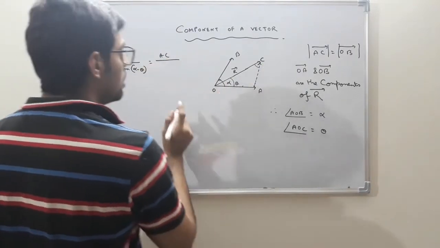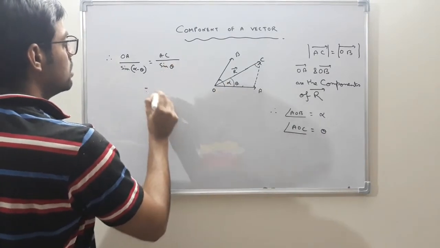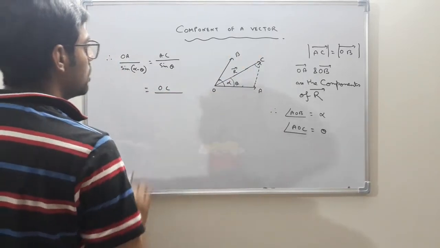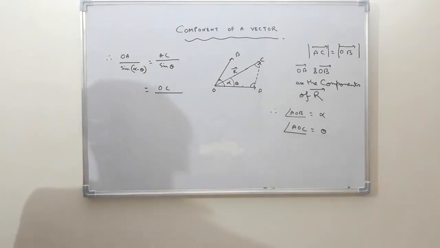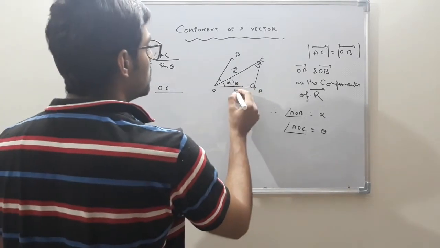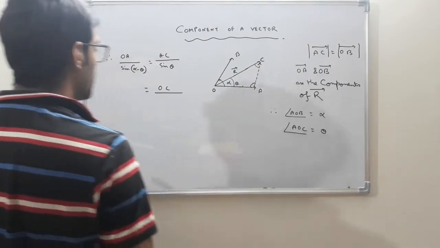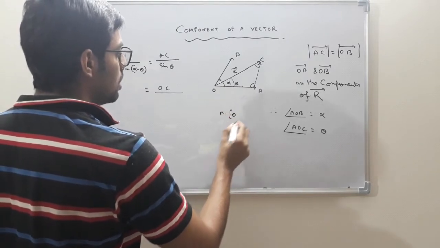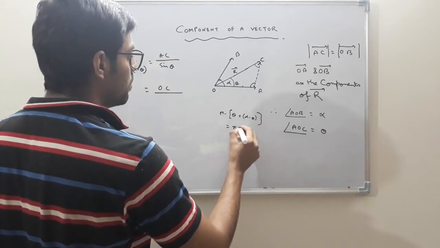AC by sine theta is equal to OC by the sine of this angle. What will be this angle? If this angle is theta and this angle is alpha minus theta, then this angle will be pi minus theta plus alpha minus theta, that is, pi minus alpha.